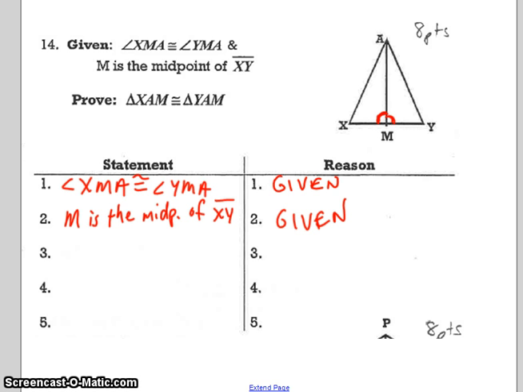Because M is the midpoint of XY, we know that XM is congruent to YM. It's the midpoint, it's in the middle, so these two sides are congruent. That is called the definition of midpoint.